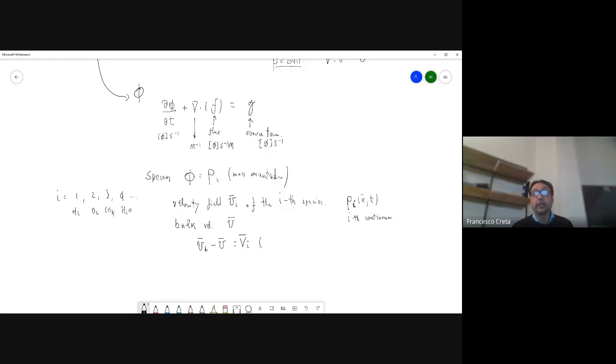It's the relative velocity of the continuum i with respect to the bulk or average velocity v.